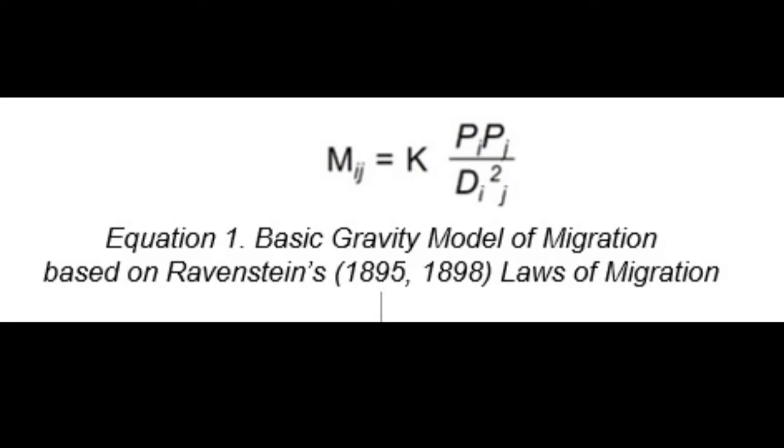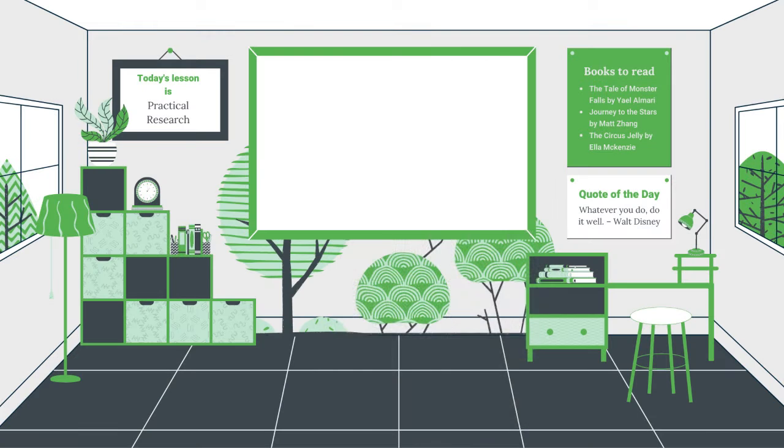The equation sees migration as a function of population and distance and some constant k. Mij is the number of migrants moving from place i. Pj is the population of place j. And Dij is the distance between place i and j by Torneo 2014.